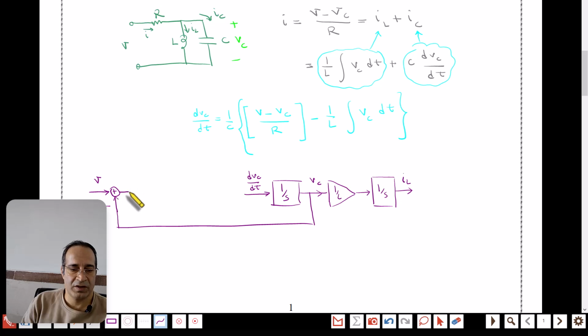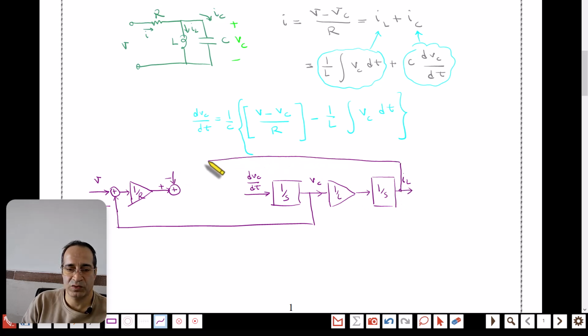Divided by R, I use a gain block, 1 over R for this part. V minus VC over R, and then minus IL. This is IL that I have here.